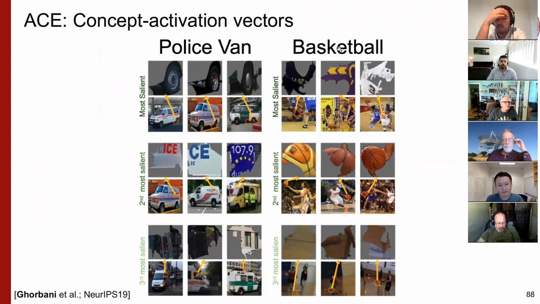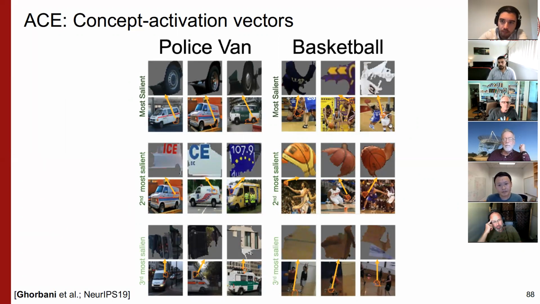for deep learning models. Assume I ask the model what concepts are important for detecting a policeman, and the model says that the most salient concept is a wheel. Well, it makes sense. The second most salient concept is the police writing on the van. And the third important concept is the window, any window, like a car window or a building window.